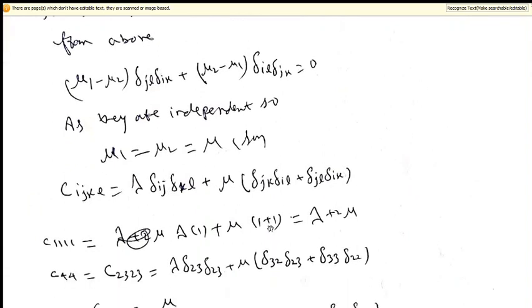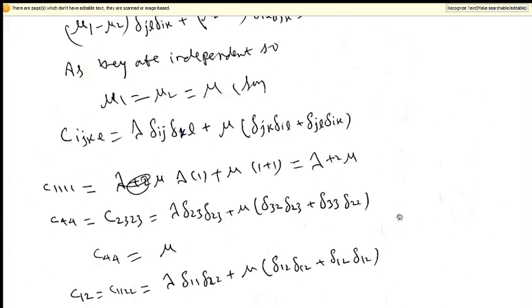When we have this, then you can see that in your cubic continuum you have diagonal components. The first three diagonal components are the same, the second three diagonal components are the same, and the other three diagonal components are the same. So you have to check only three components. C111 first: it will be lambda delta 11 delta 11 plus mu delta 11 delta 11 plus delta 11 delta 11. So lambda into 1 plus mu into 1 plus 1, lambda plus 2 mu. So the first three diagonal components will be lambda plus 2 mu, lambda plus 2 mu, and lambda plus 2 mu. The last three diagonal components are the same, C44.